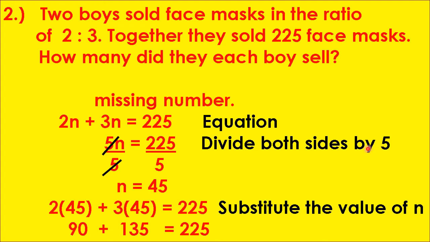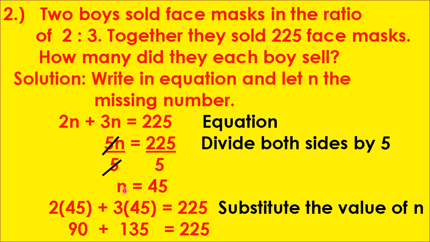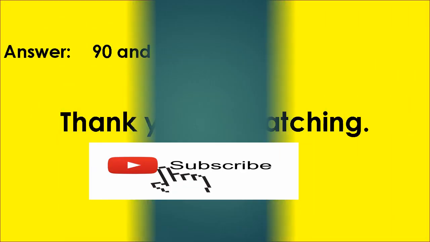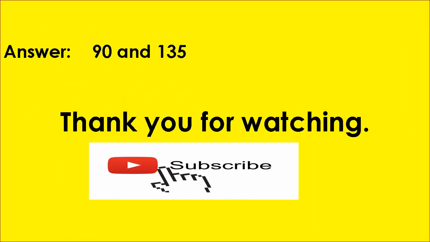So 2 times 45, the answer is 90. Then 3 times 45, the answer is 135, which adds up to 225. So the answer is 90 and 135.